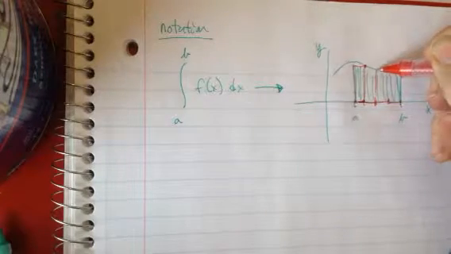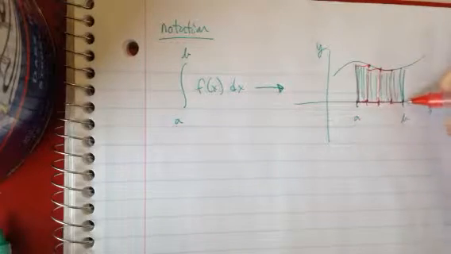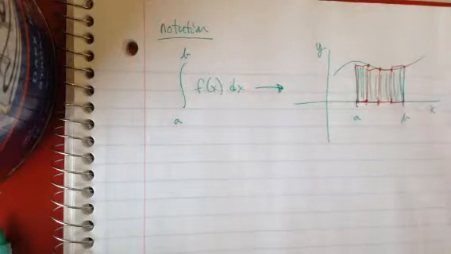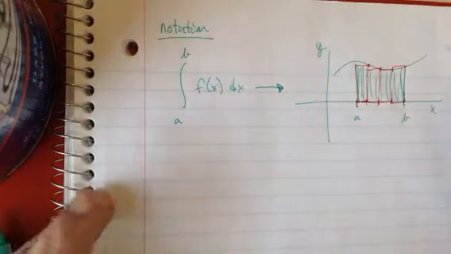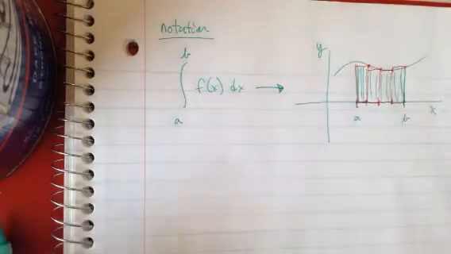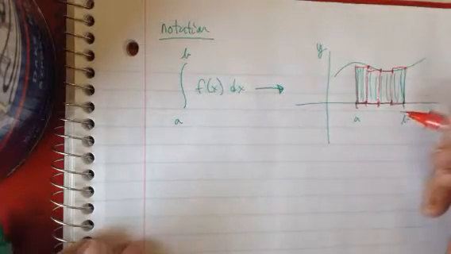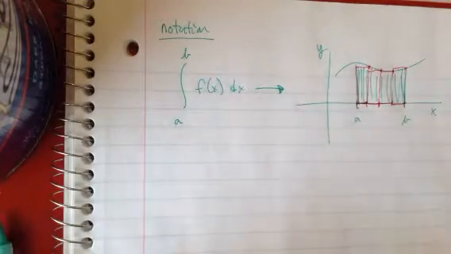Right endpoint up to the function, over, and again. If you look at these carefully, notice some of the rectangles are overestimates and some of them are underestimates. But this gives us an estimated area, and these were called Riemann sums.